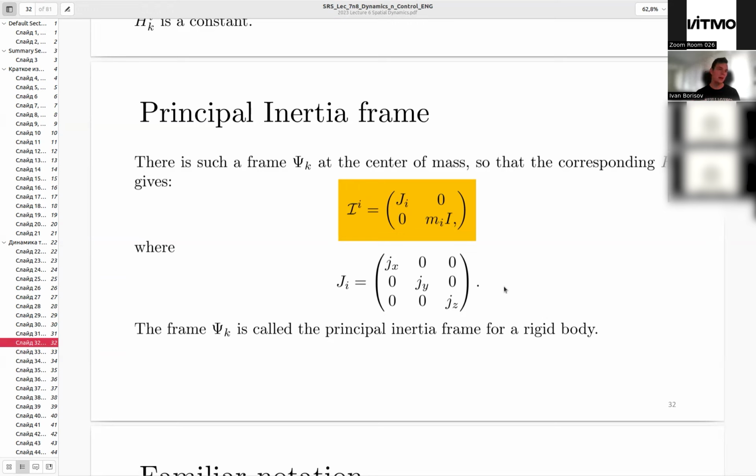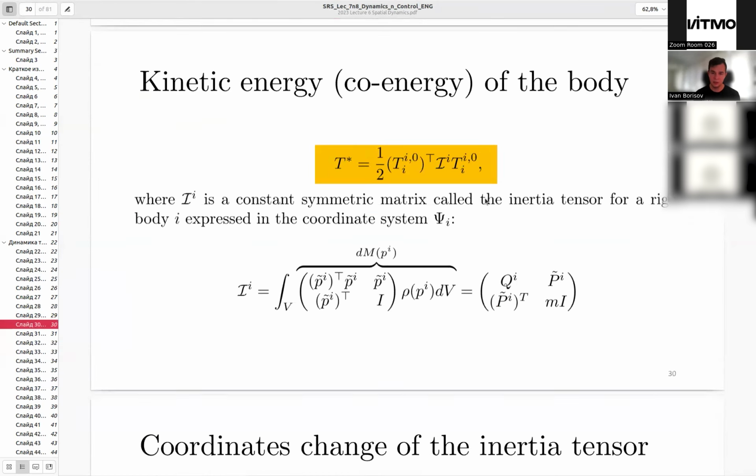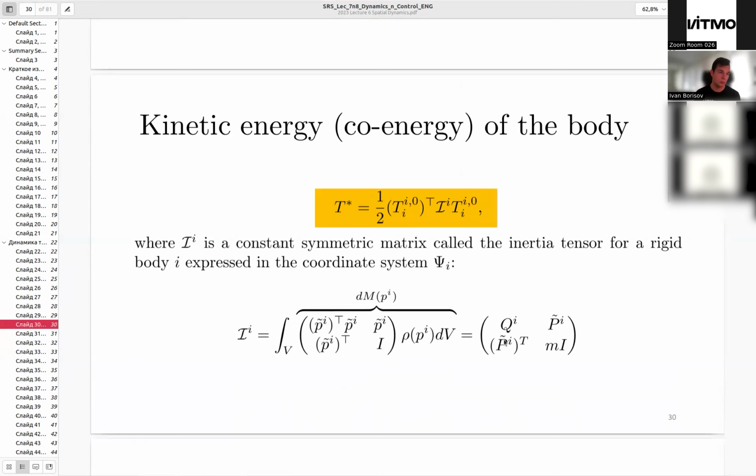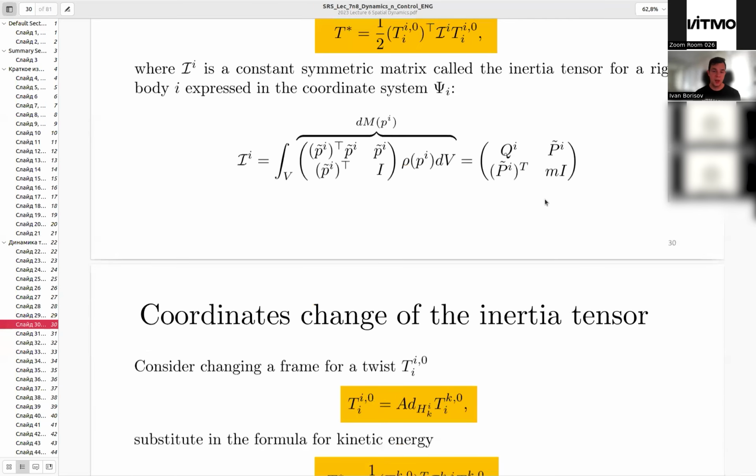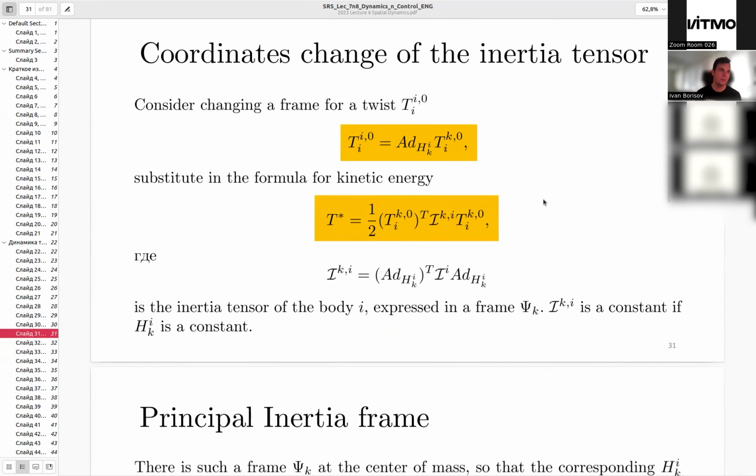It finds principal inertia frames such that the elements will be on a diagonal. It can also be vice versa, so you can find another frame. Generally speaking, you still can do this if you want, for some reason, if it's not possible to compute where the center of mass is, but CAD software can do this for you.